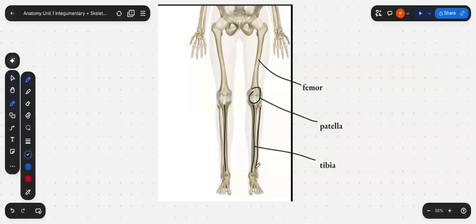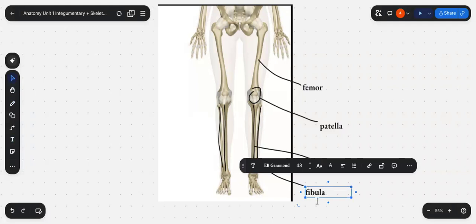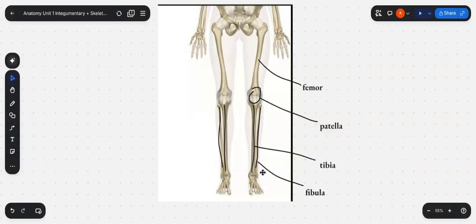So right over here on this side, that is your fibula. And when they merge together at the bottom, it is actually going to create your ankle bone. So if you look right over here, this is your ankle bone.